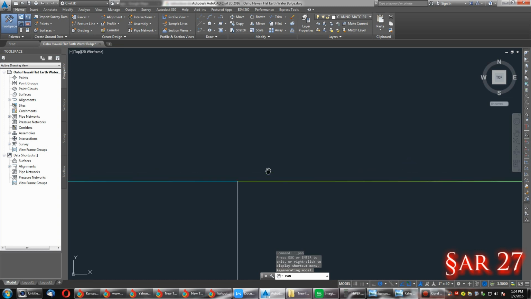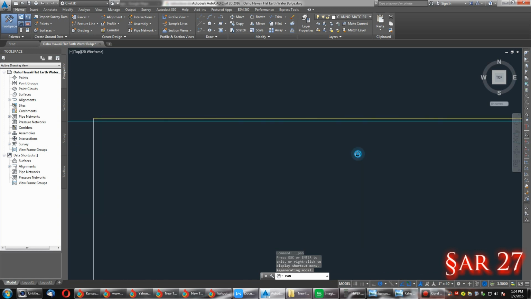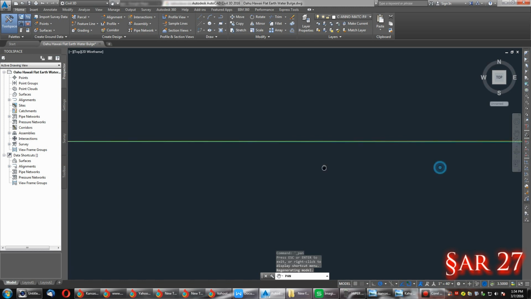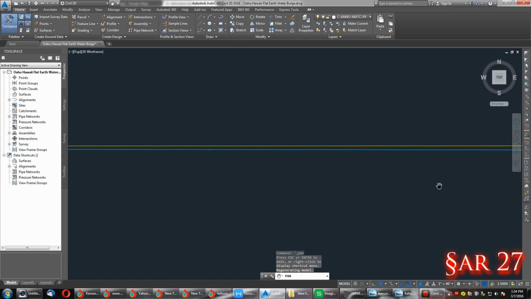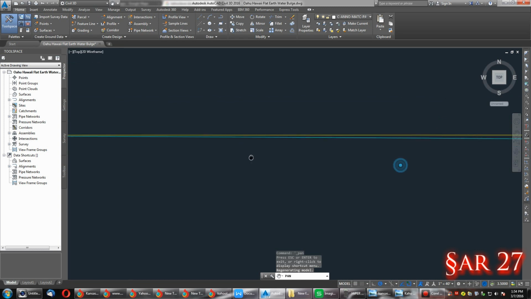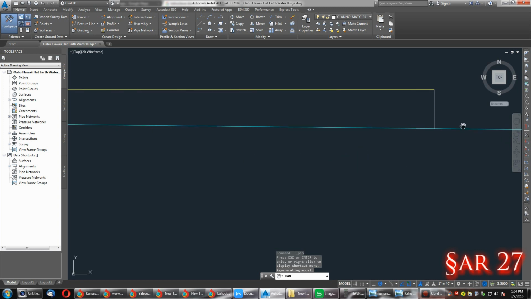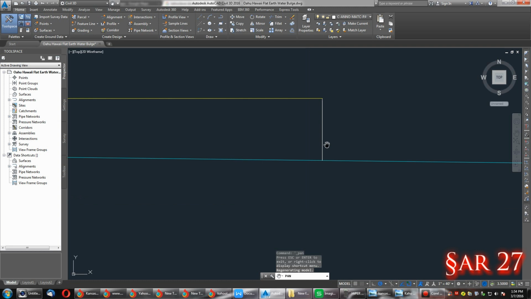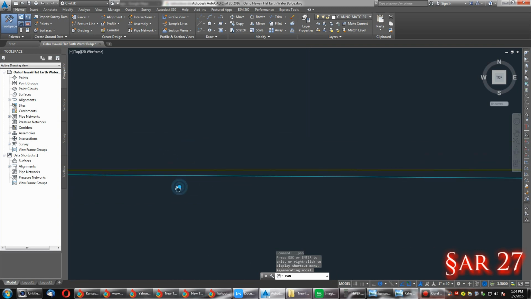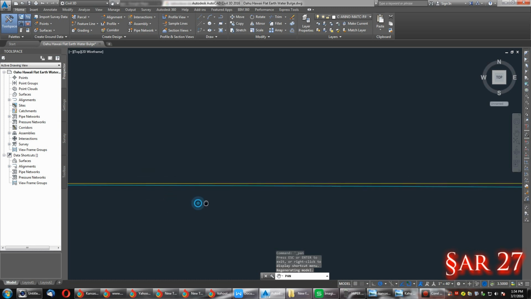So here we have the guy or the lady looking in that direction, and let's see how far it is before it hits the water. And you can see that there's a lot of curvature in the way, hiding.